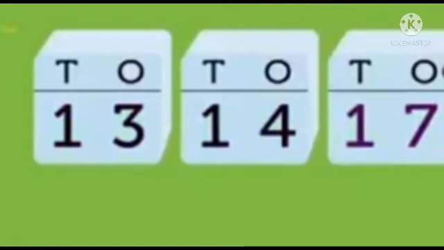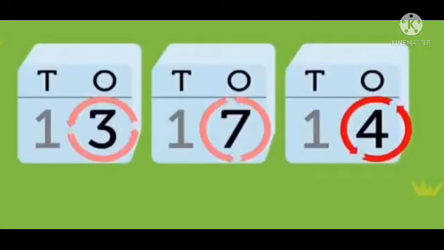Children, if we don't know which is greatest and which is smallest, we can identify it with the tens or ones place. In this series the tens places are the same, so we go to the ones place. Number 13 has 3 ones, number 17 has 7 ones, and number 14 has 4 ones.